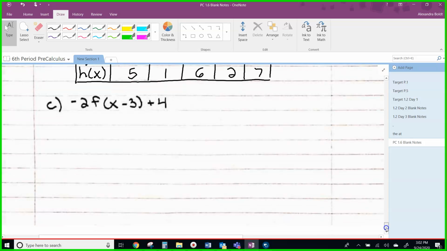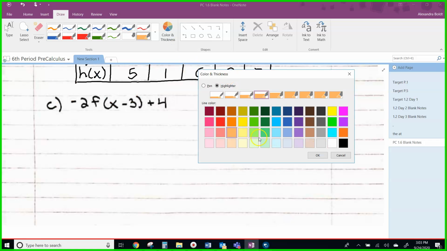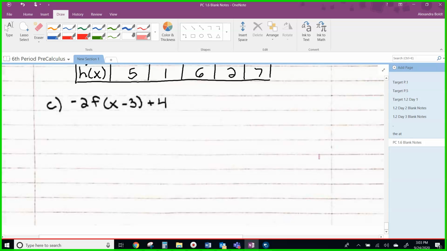Okay, let's look at C, our last one. So we have negative 2 f of x minus 3 plus 4. So we have things happening inside of our function. This x minus 3 is happening inside of our function. And we have things happening outside of our function.